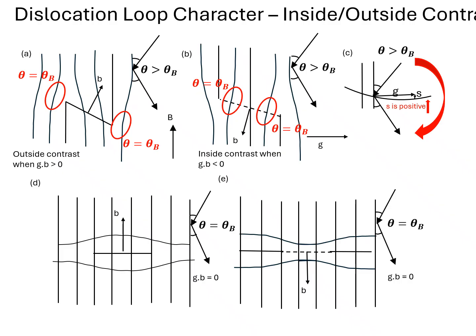Basically, you set up an angle with respect to the diffraction planes of interest which is slightly greater than Bragg. And the distortion of the planes around a dislocation loop is such that you get a rotation, bringing the planes into the Bragg condition. And at that point, you will see a strong contrast, and we'll see that dark image, which is characteristic of the edges of a dislocation loop in an electron micrograph.